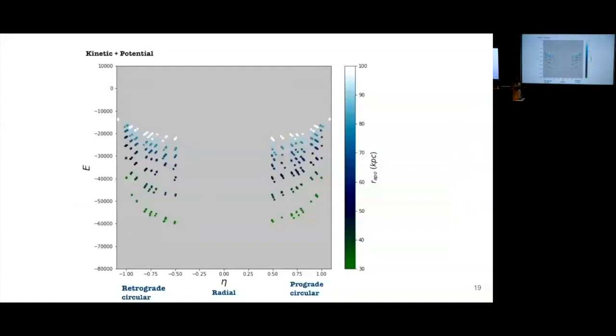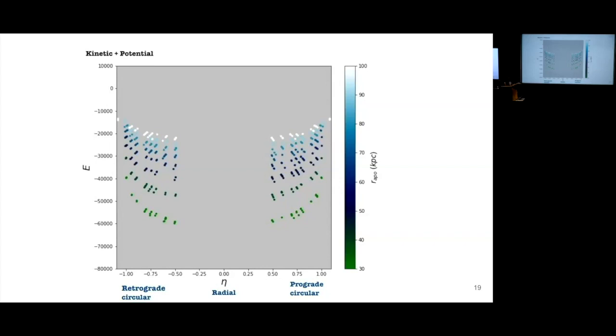Okay, so now you have an idea about the initial conditions. If you look at them in the energy diagram, here you have the total energy, kinetic plus potential energy, on the y-axis. On the x-axis, you have the circularities, which is a measure of how circular the orbits are.